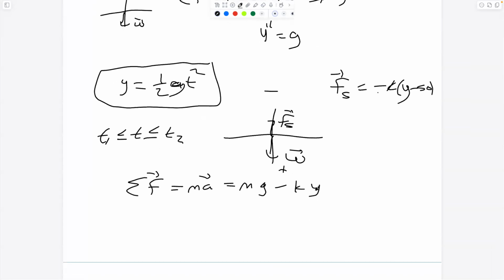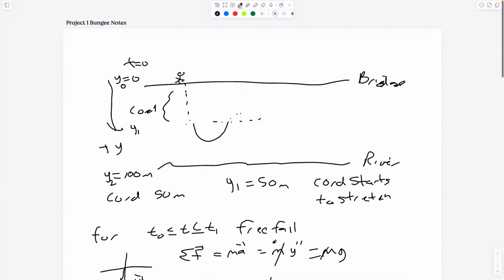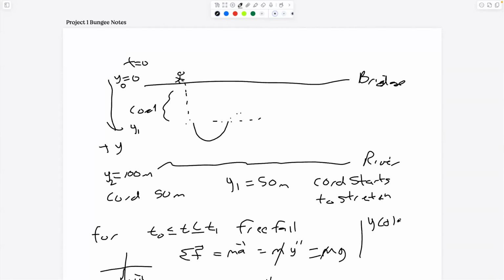So here in my dE, we're going to have this. So remember up here, y0 is 0. V of 0, which is y prime of 0, is also 0.